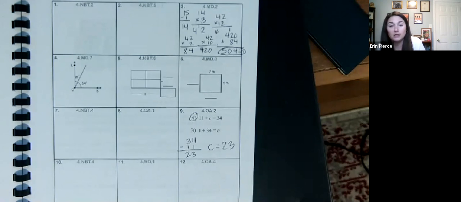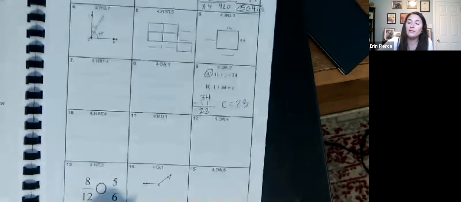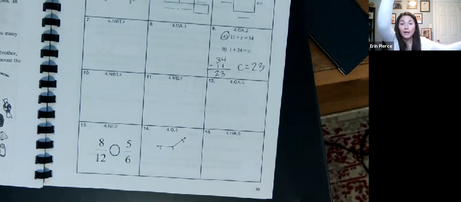I think, let's look at number 14. We have different angle choices. What kind of angle is angle LTY? Remember that we have a right angle. An acute angle is less than 90 degrees, and an obtuse angle is greater than 90 degrees.